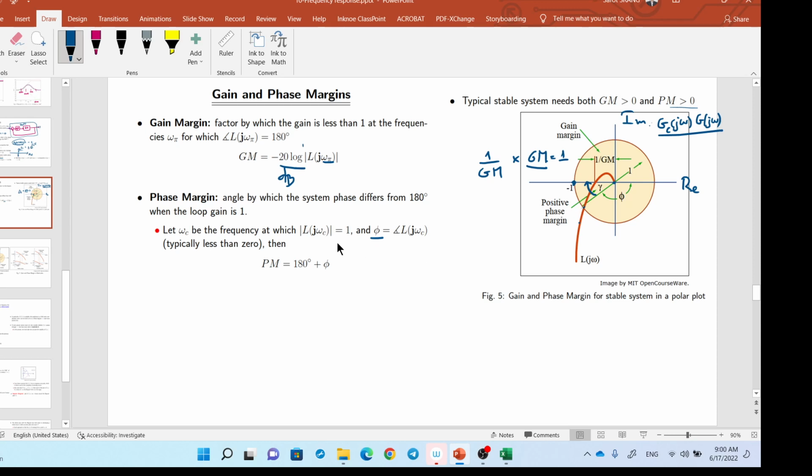We just set the magnitude to be 1 and then we can find the frequency omega c, and then we calculate the phase at omega c, which is called the phase at magnitude 1. And in order to find gamma here, you use 180 degrees plus phi. Okay, 180 degrees plus phi is called the phase margin.